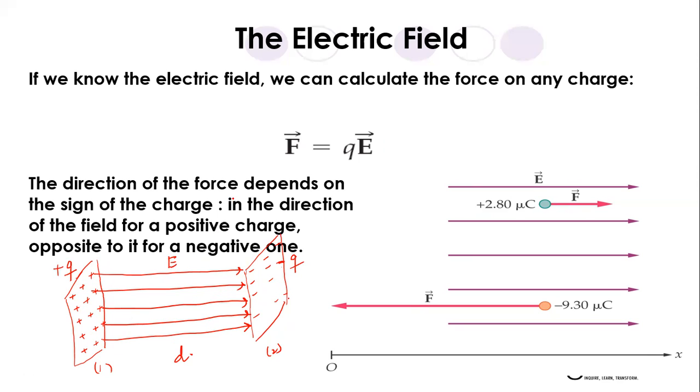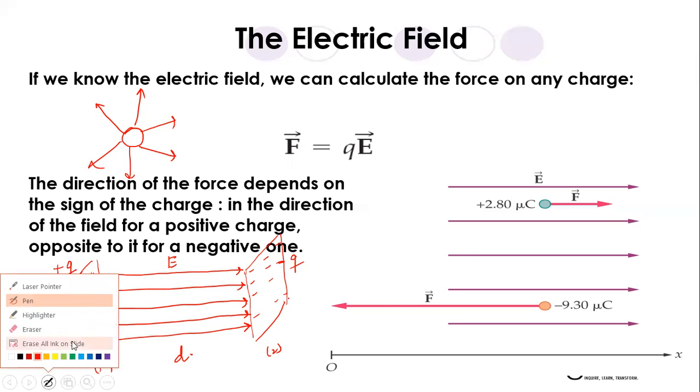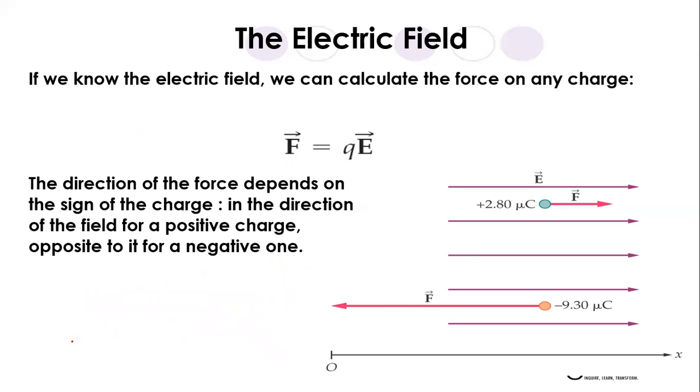If you take only one charge or a sphere, positive or negative, then you will have electric field in this way. So electric field will depend on the geometry of it. Are we good, guys?